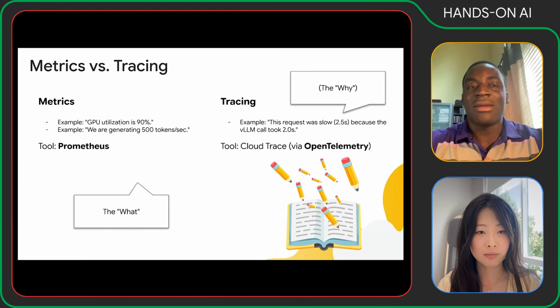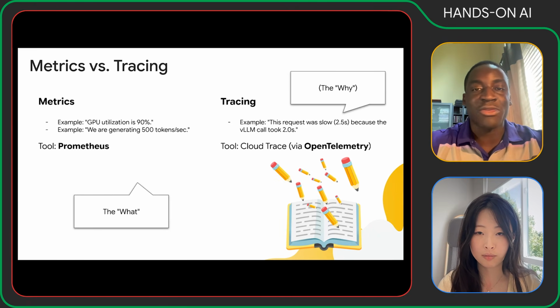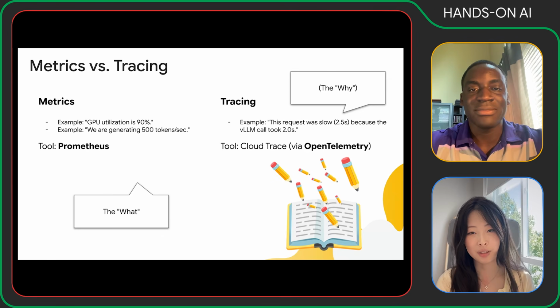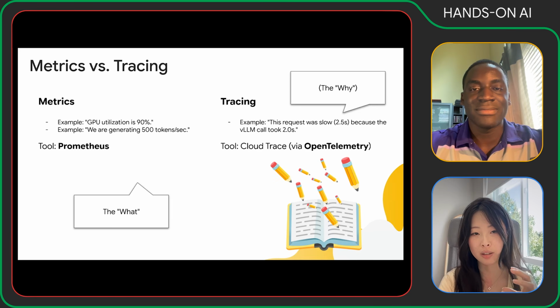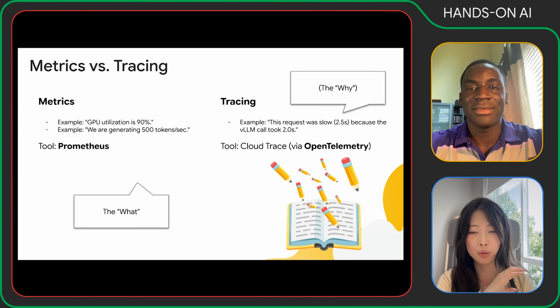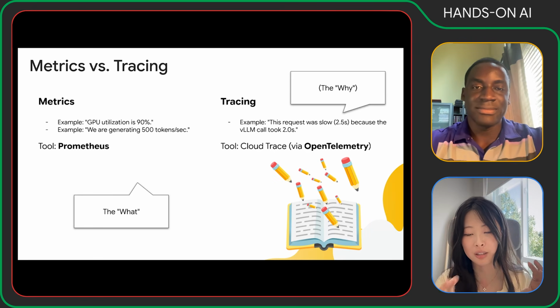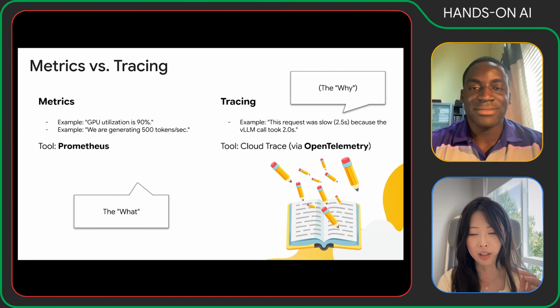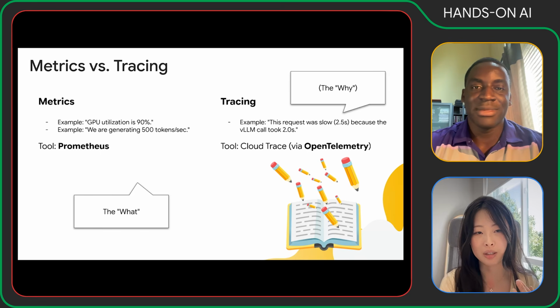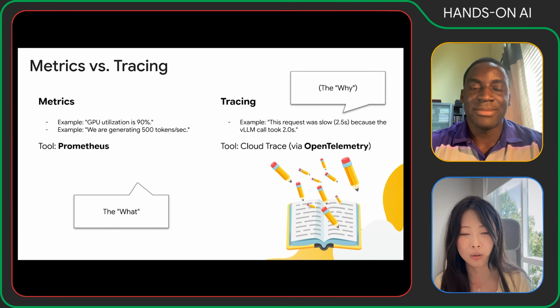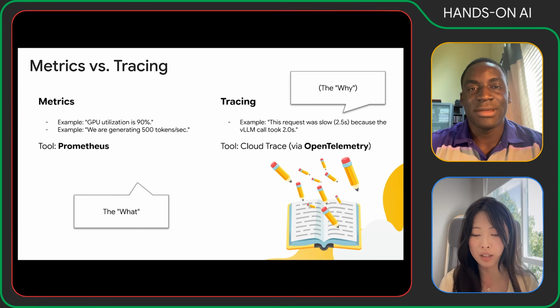So that said, Annie, in agent land there's a lot of different talk about metrics versus tracing. Could you explain the difference between metrics and tracing? Yeah, of course. As you can see from the slide, metrics basically show what is going on. You can think of it like a dashboard in your car. You can know what is going on currently. For example, you can see the current GPU utilization, the current token usage, stuff like that.